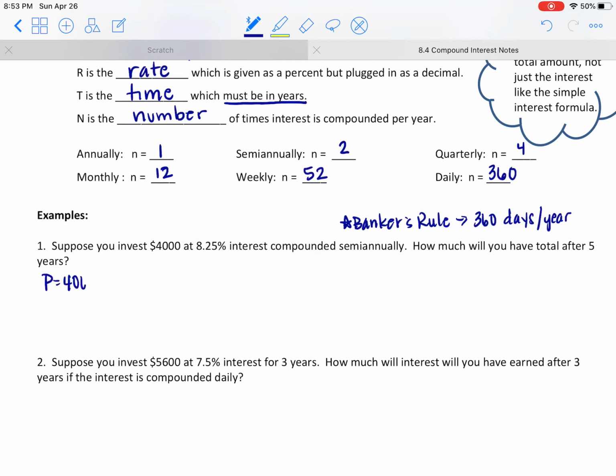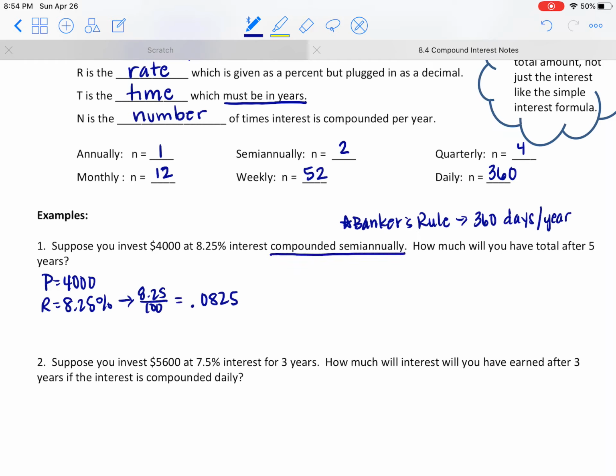So suppose you invest $4,000 at 8.25% interest compounded semi-annually. How much will you have total after 5 years? So we have the principal amount of $4,000. We have a rate of 8.25%. If we make that a decimal, we can either put 8.25 over 100, remember?